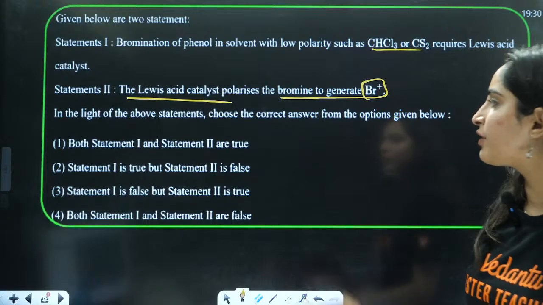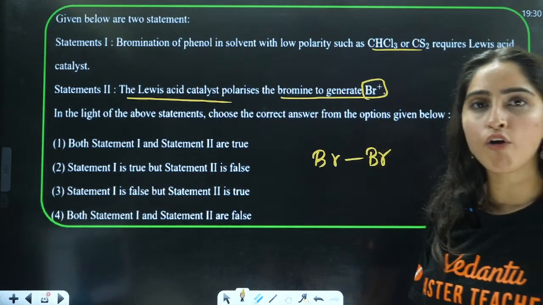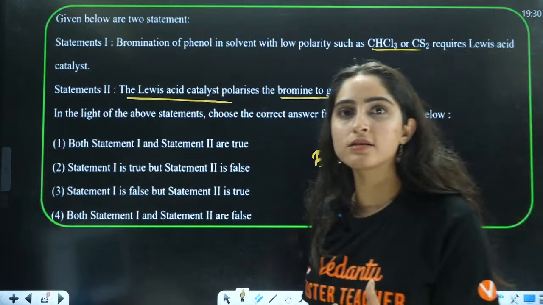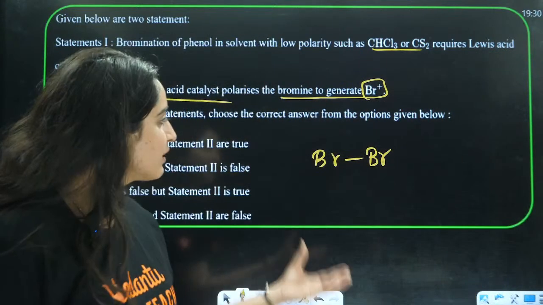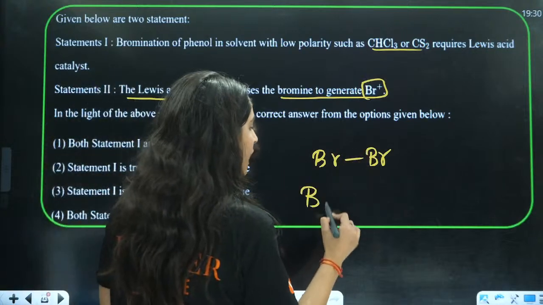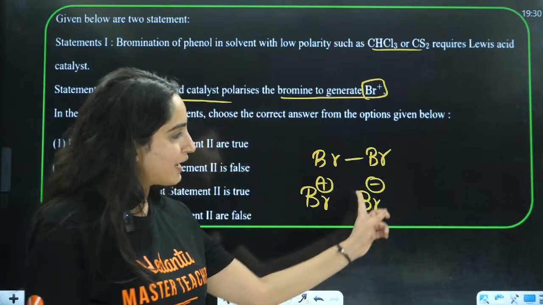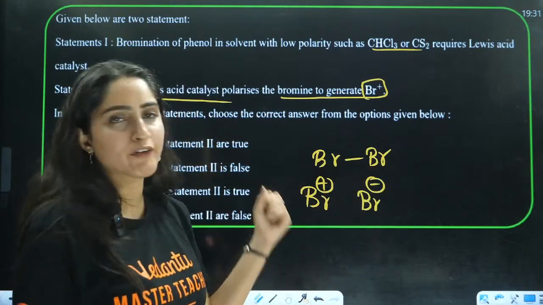Yes, that is the only work of it, because you had this Br2. So what is the work of Lewis acid? Acid is an electron deficient species. So it will try to break this bond so that you can have Br positive and Br negative, right? It will take out the Br negative and you will be left with Br positive.